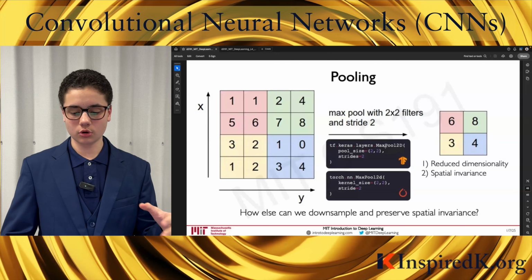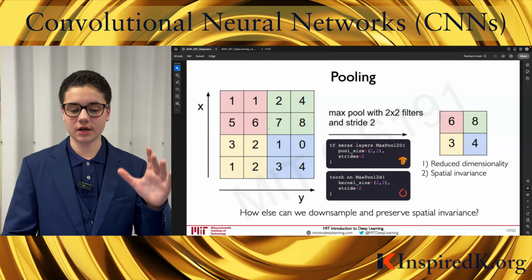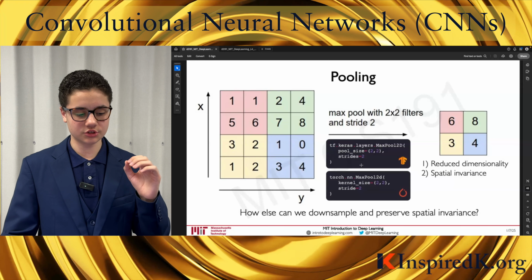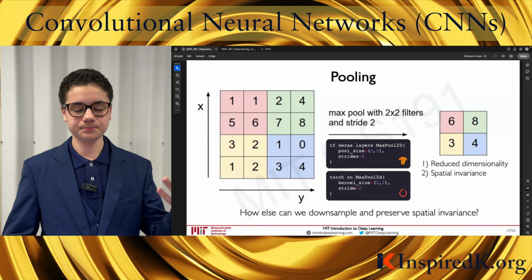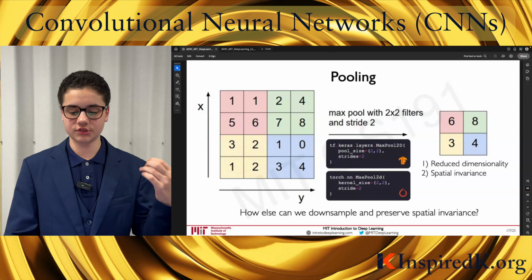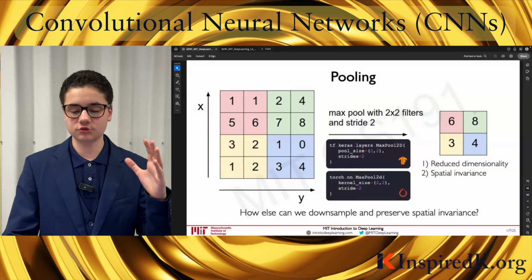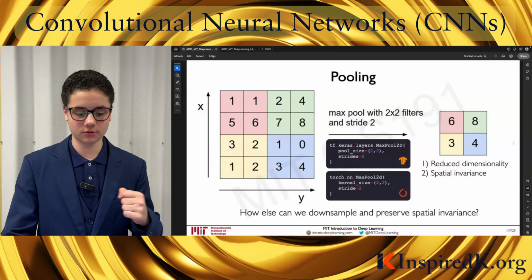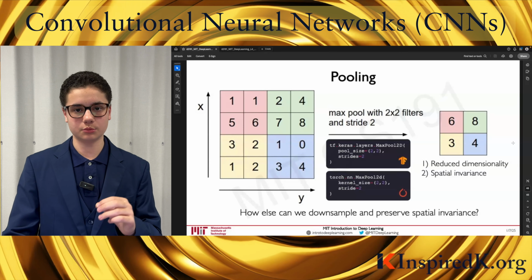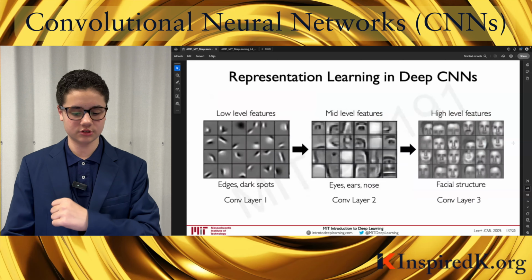So in TensorFlow, what we would do is use the max pool 2D layer, defining the size of our pooling as well as the strides between each of our filters. And in PyTorch, we would do this similarly. So with our reduced dimensionality, as well as more spatially dense information, we can further downsample with multiple convolutions and pooling layers to achieve a more and more dense representation.